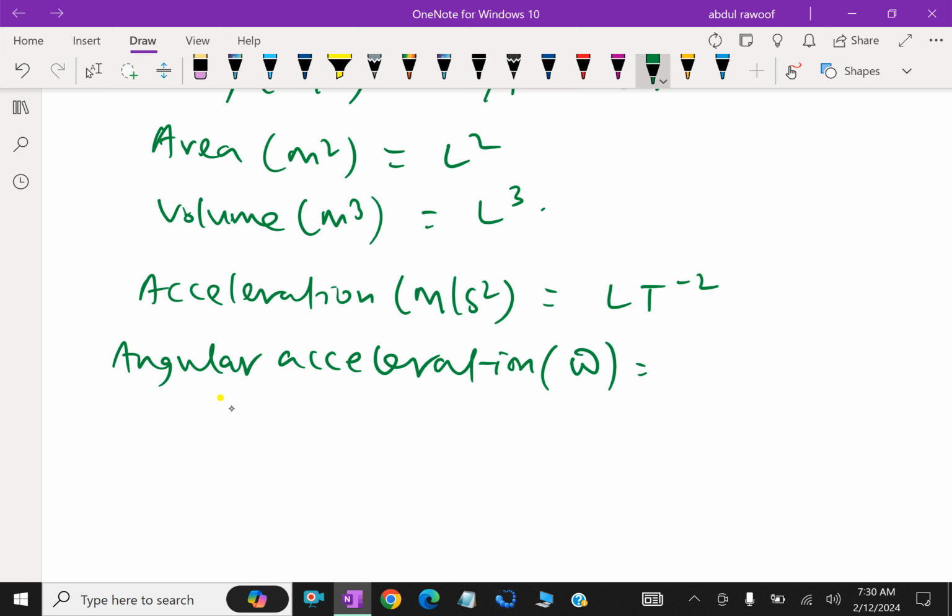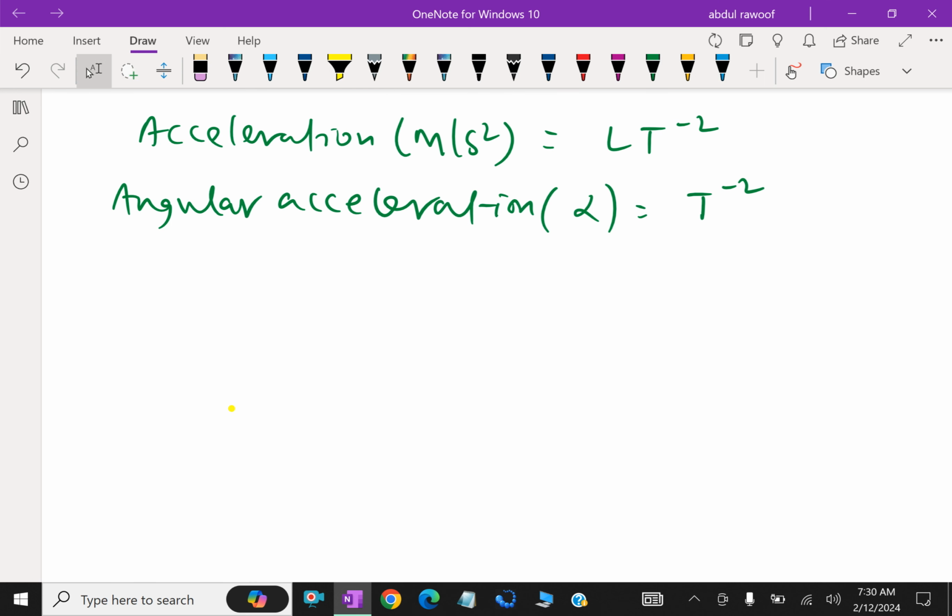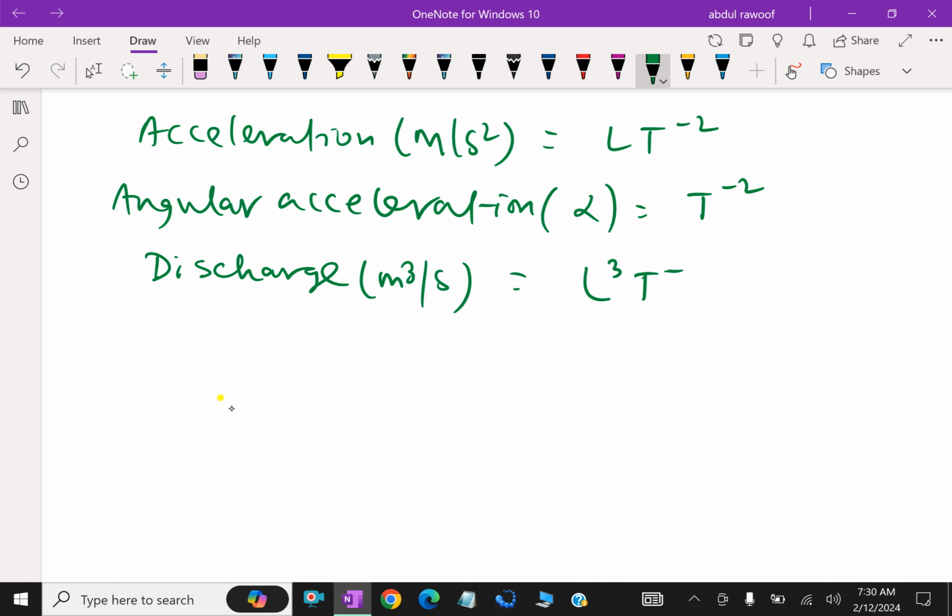Angular acceleration, alpha, which is equal to per second square, T power minus 2. Discharge of water, that is meter cube per second, which is equal to L cube T power minus 1.